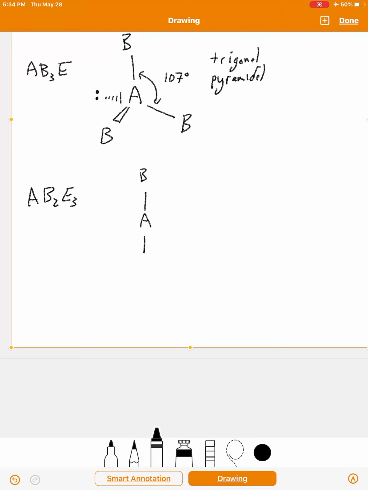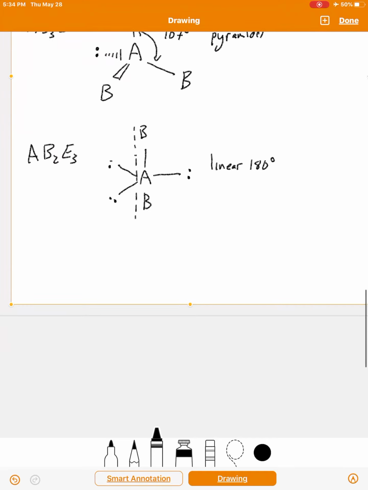There are 2 surrounding atoms, and then around the equator, you get 3 lone pairs. So if you actually look at the arrangement of the atoms, it's just in a straight line. So this one's linear, 180 degrees. Okay.